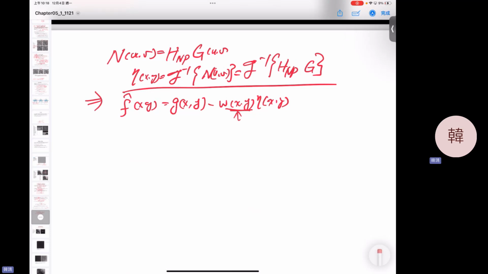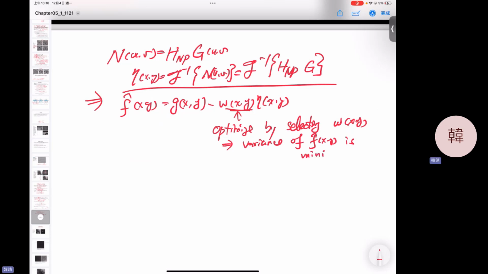Okay, so we can write: optimize by selecting W(x,y) so that the variance of this f hat, your estimate result, is minimized within this sub-image.